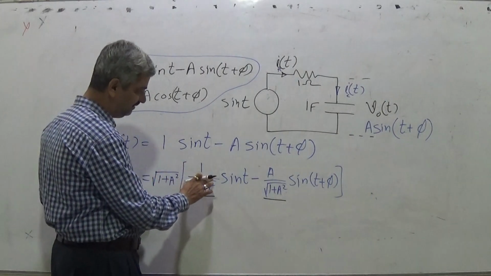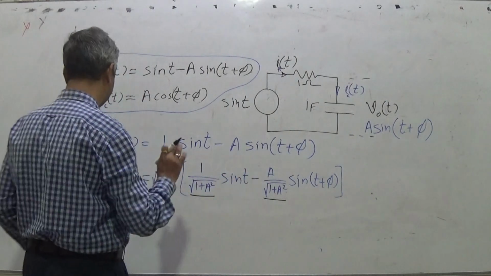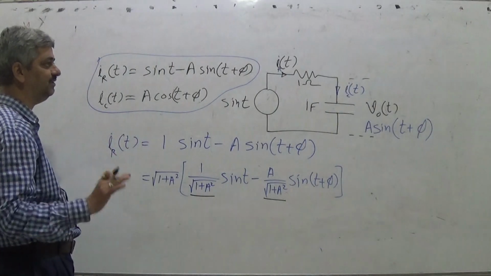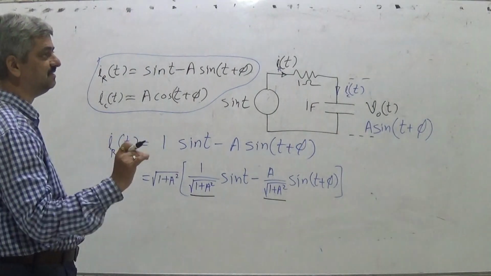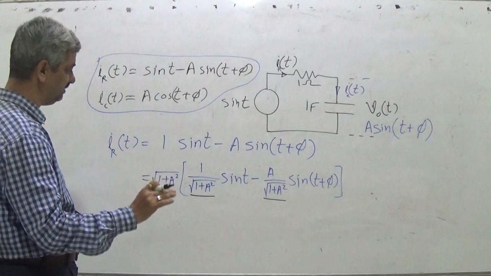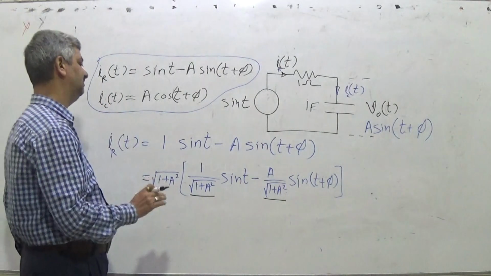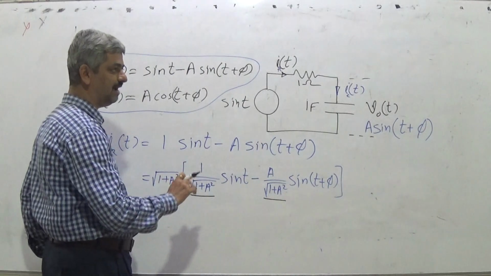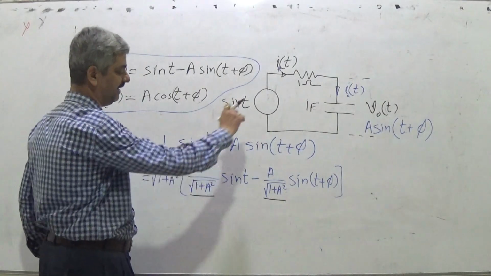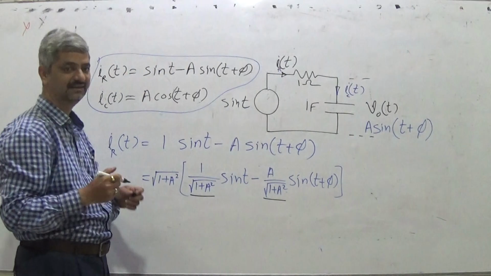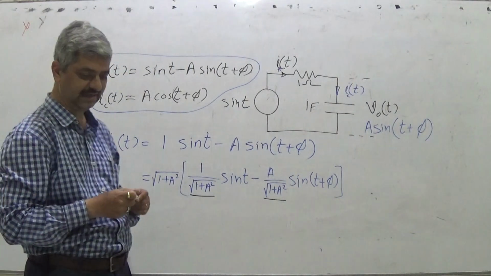And if I square them and add, if I have got both numbers between -1 and +1, and if their square addition is 1, then if one of them I can assume as cosine, I can assume the other as sine.